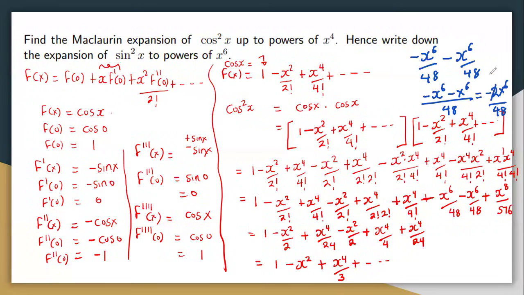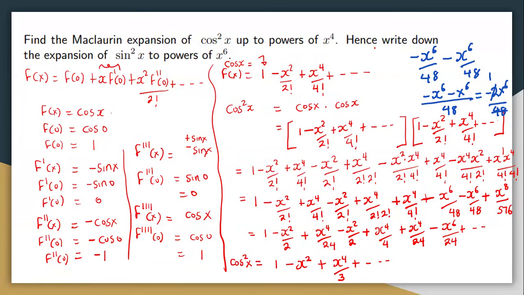Then you can reduce by 2, 1, 48 goes into 2, 24 times. So here we can have, since it is negative, minus x power 6 out of 24. So that is in case you have added it on there. But for the first part, since they told us up to x power 4, that's where we end. This is our cos squared of x up to that.